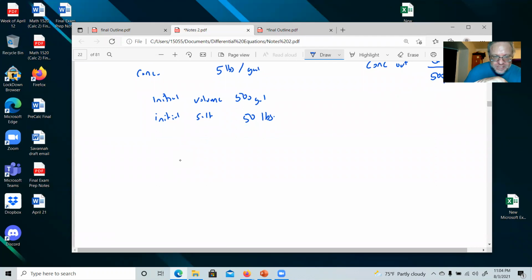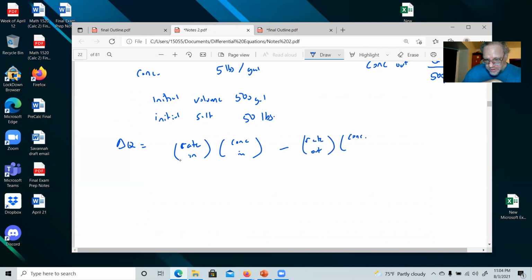What we're going to say is that the change in salt is equal to the rate in times the concentration in, minus the rate out times the concentration out. The rate in is 10 gallons per minute.